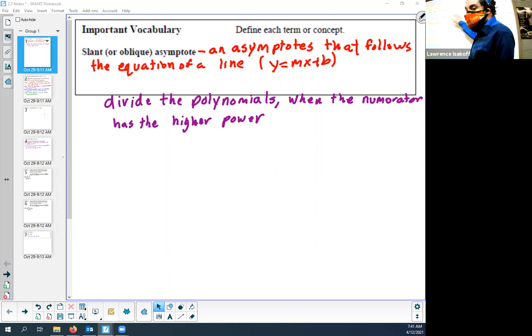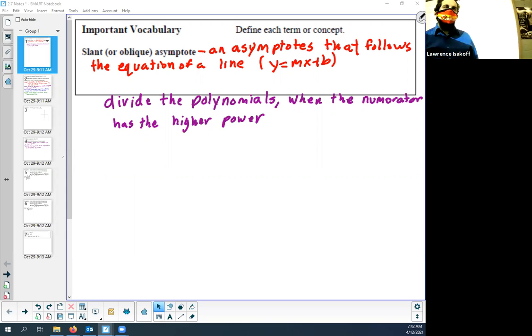The only new vocabulary we're getting is what a slant or oblique asymptote is. This is a scenario we did not talk about in the last section. It is an asymptote that follows the equation of a line, y equals mx plus b. You need to divide the polynomials when the numerator has the higher power.